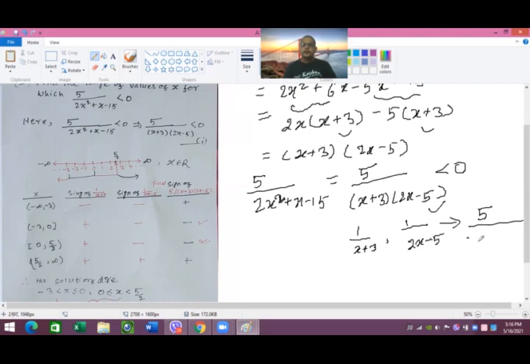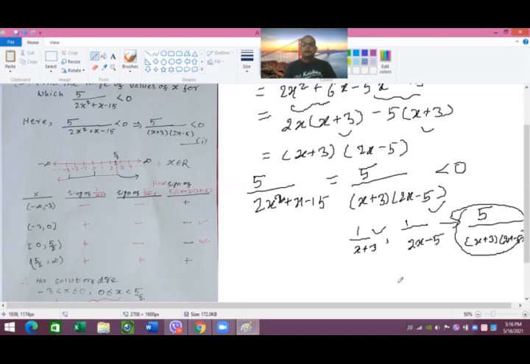So here it is x plus 3, and then 2x minus 5, and we have to find the final sign of this expression based on the signs of 1 by x plus 3 and 1 by 2x minus 5.